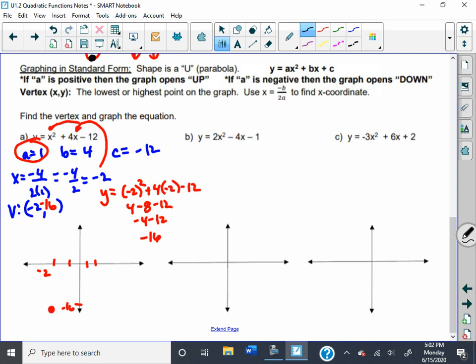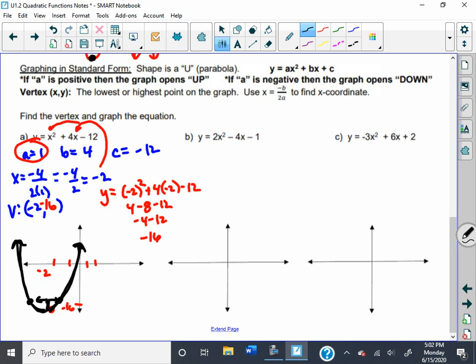You can't use it continuously. Since the A value is 1, we go up 1 and right 1 on our graph and put a dot, and then up 1, left 1 and put a dot. Then if we connect them, it looks like this. It's this U shape, the big one up.